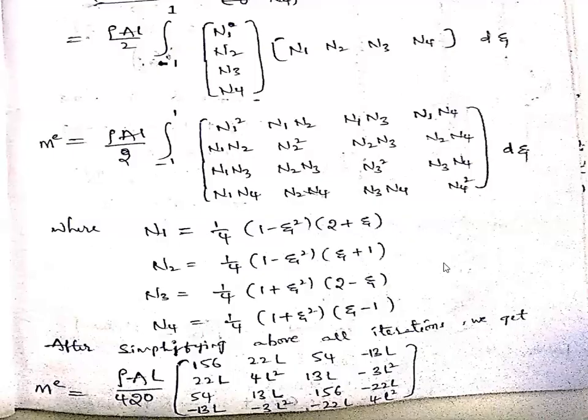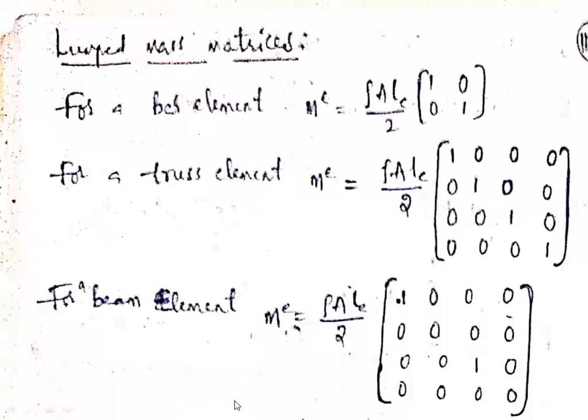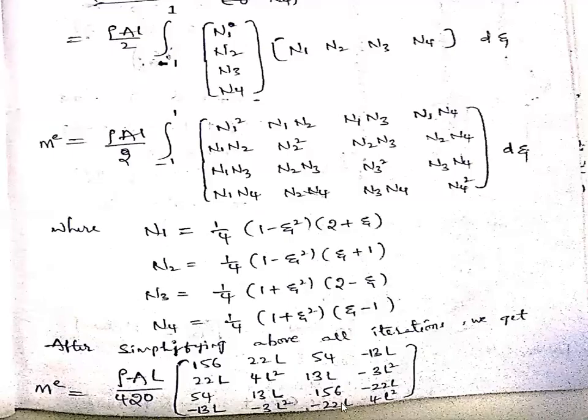Once you complete the 4 by 4 integration with respect to d zeta from minus 1 to 1, you will get the consistent mass matrix for the beam element, equal to rho A L by 420 into the 4 by 4 matrix: 156, 22L, 54, minus 13L; 22L, 4L square, 13L, minus 3L square; 54, 13L, 156, minus 22L; minus 13L, minus 3L square, minus 22L, 4L square.